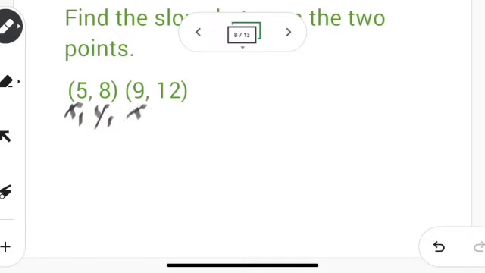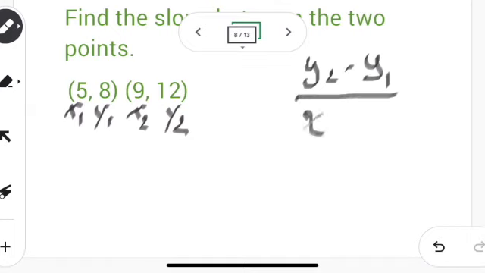And then I'm going to label this x and y, but again, I'm going to put a little 2 to say this is my second set of points. And now my formula is y2 minus y1 all over x2 minus x1, which is what I did when we find rise over run.